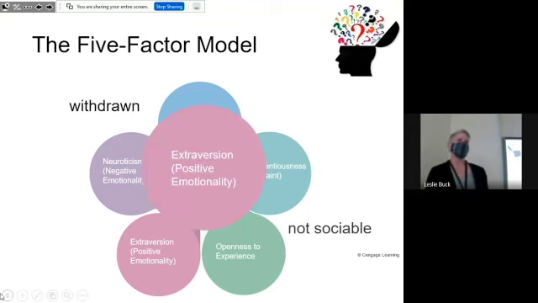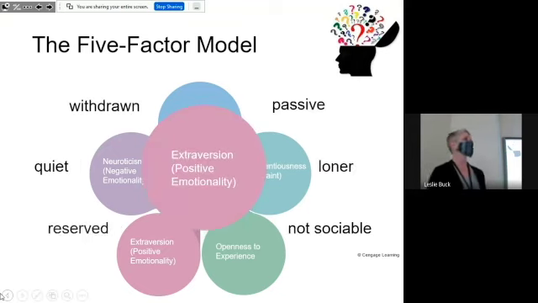The opposite of this is not unhappy. So it's not happy versus unhappy. That's not it. The opposite of this is more reserved, withdrawn, passive, more likely to just kind of sit on the edges of the group, not jump in and start leading the group. On the extreme ends, they might be a loner and not be a joiner in any way at all.